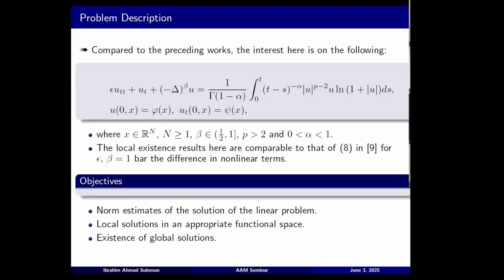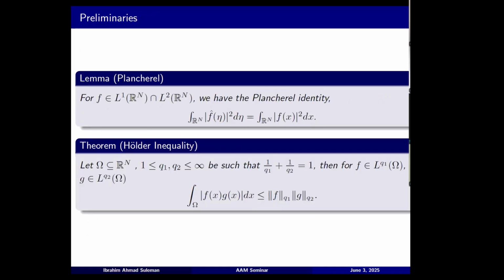I'll give more details here on local solutions because the argument is by the Banach contraction principle, and it's a similar argument for the global solutions. Only a few changes are needed, and then we just apply a lemma from the work of Fino. So I'll start with tools here and explain where we use each one.